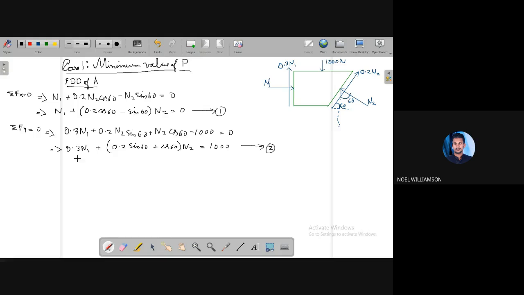Equation number 2. Now solving 1 and 2, we will get the values for N1 and N2.